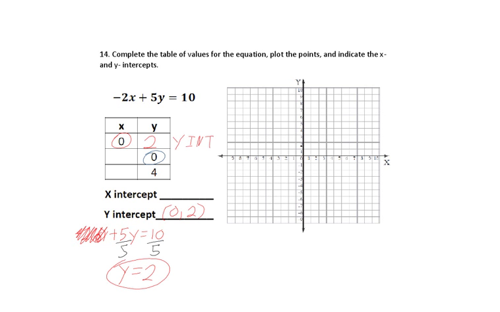Under y, I see the number 0. Let's replace y with 0 and do the same thing. So negative 2x plus 5 times 0 equals 10. Well, 0 again. 5 times 0 is 0, so that goes away, leaving negative 2x equals 10. Then divide by negative 2. So for that, you get x equals negative 5.